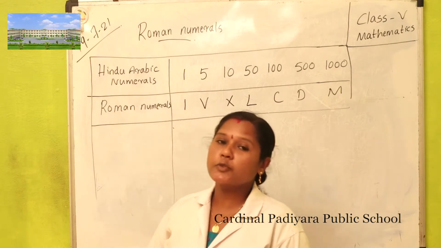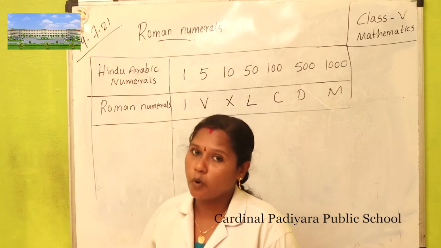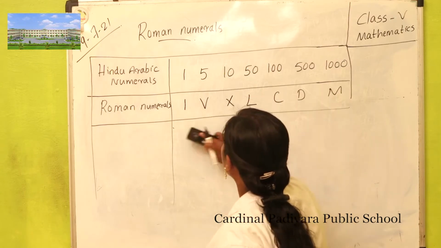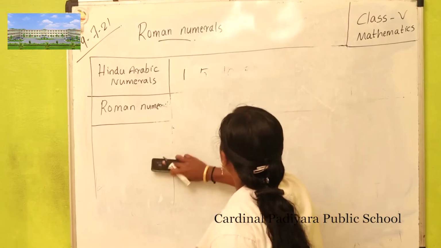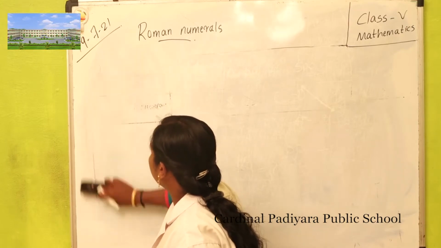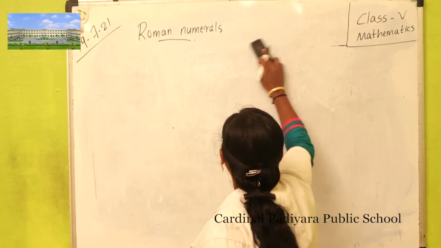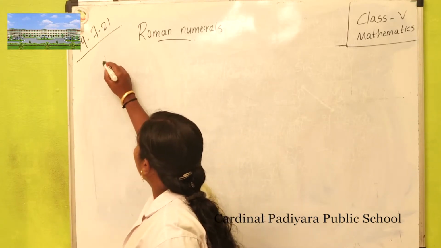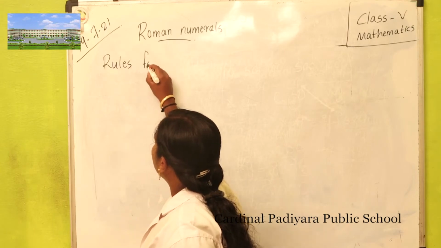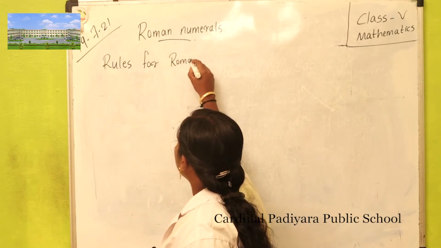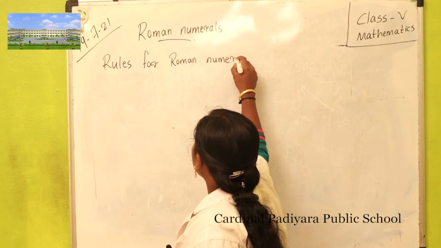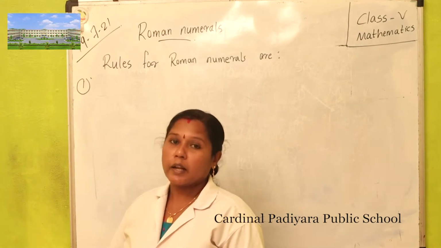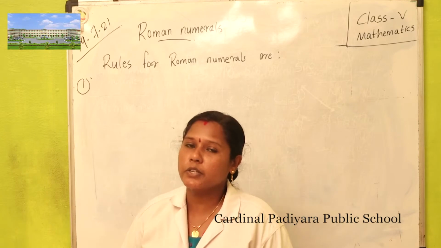Next, rules for Roman numerals. The rules for Roman numerals are: first one, repeating a symbol represents addition.